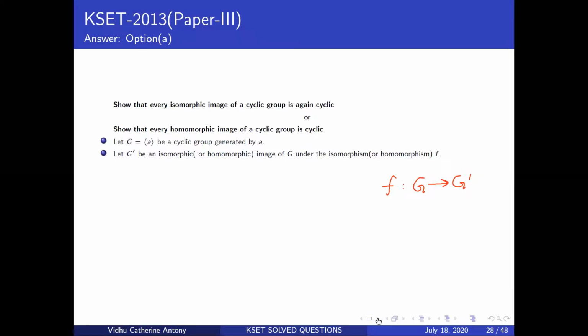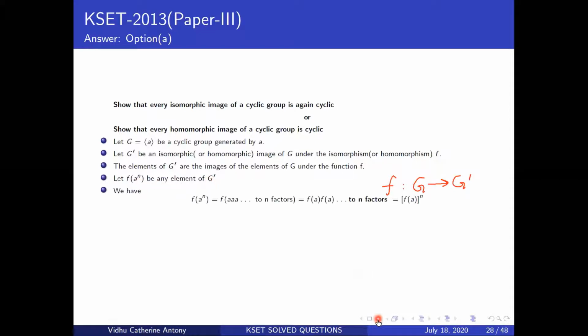The elements of G prime are the images of the elements of G under your function f. Now, let f of a power n be any element of G prime. What do you have? You can factorize this into f of a, n factors. That's what you have here.